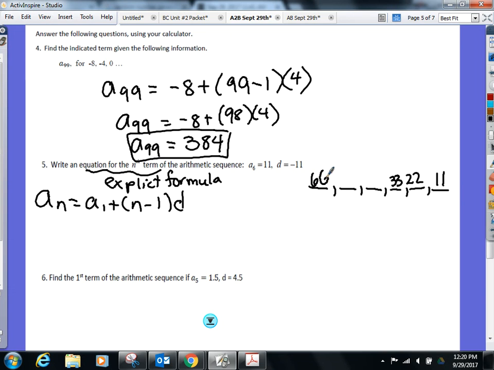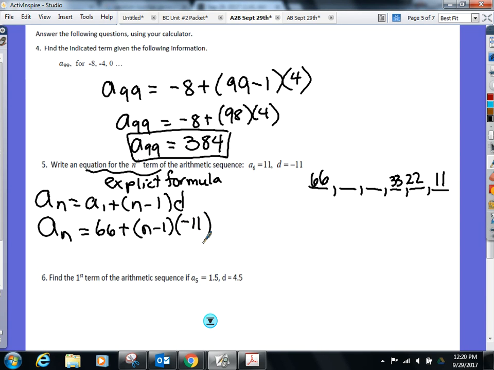Yep. So now I can go back to my equation, now that I know it's 66, and say, all right, to find any term, I take 66 plus n minus 1 times the d value of negative 11.